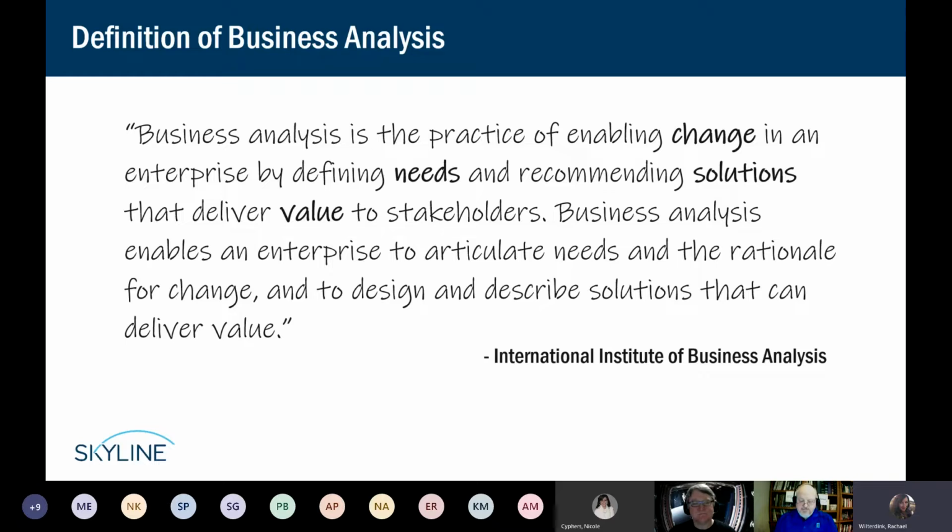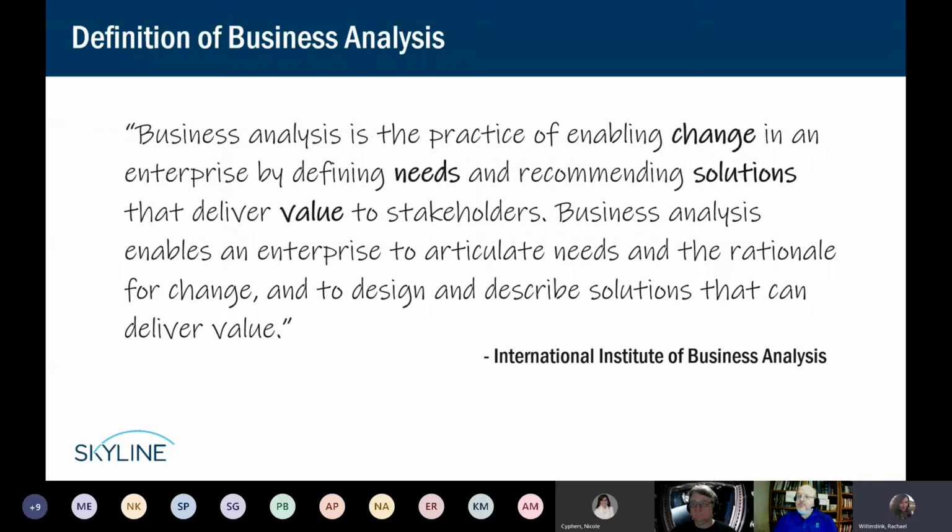It pretty much described a BA as a liaison between IT and the business, translating between those two groups. That definition has been evolving, and the Book of Knowledge has been evolving as well. With this latest definition, you're looking at BAs as much more strategic partners versus taking orders or instructions on what to do. We really want to understand the needs of the business versus just having them tell us what to do and going out and doing it.